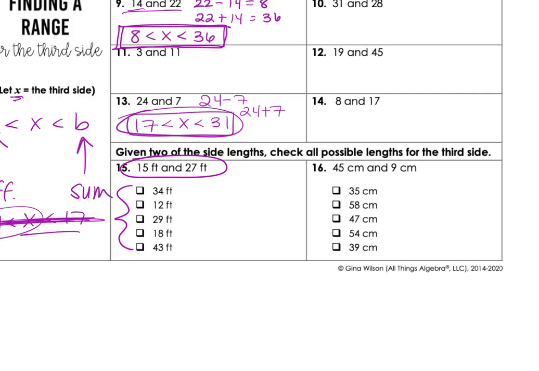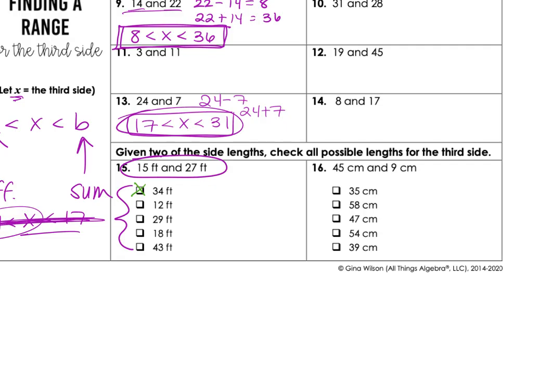All right. What'd you check off? Did you mark 34? Yeah, good. You should mark 34. Did you mark 12? Who marked 12? Raise your hand. Who did not? You should not.